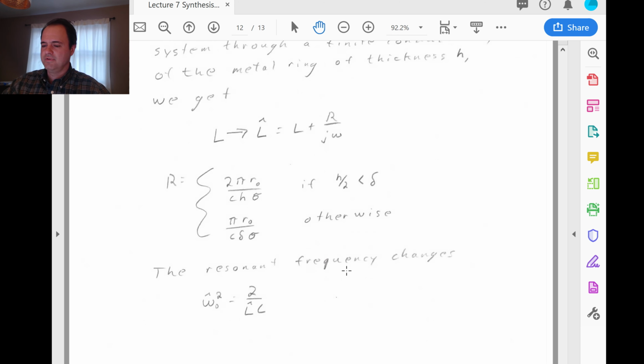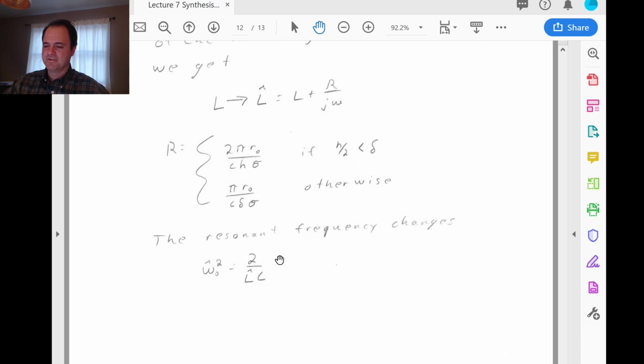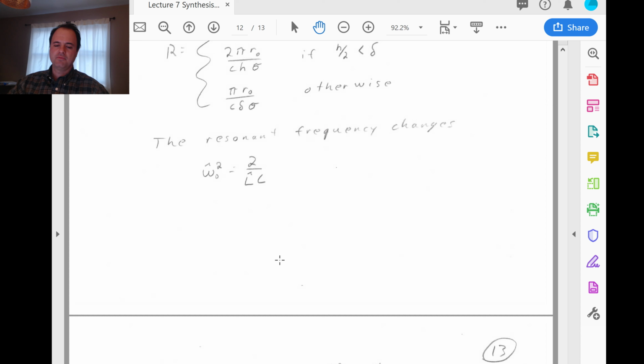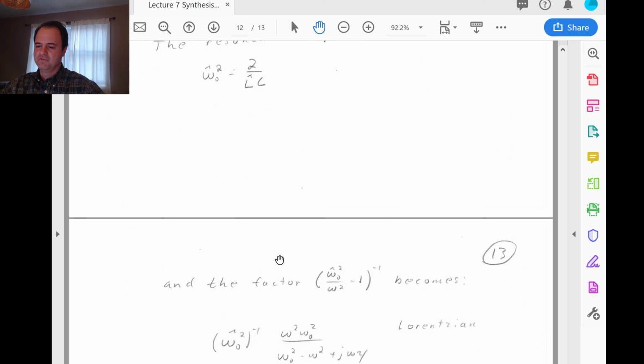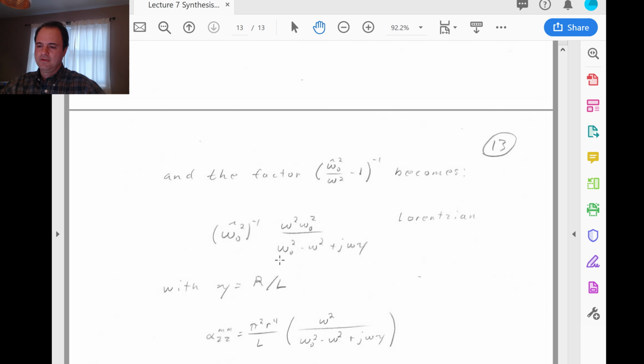So the resonant frequency then changes because it's no longer just 2 over the square root of LC, but it's 2 over L hat C, where L hat is itself complex. Okay, so basically what that means is that the ring is going to lose energy through thermal dissipation, Joule heating. All right. So this all-important factor that comes into many equations becomes a Lorentzian type of function given by this, a typical Lorentzian form.